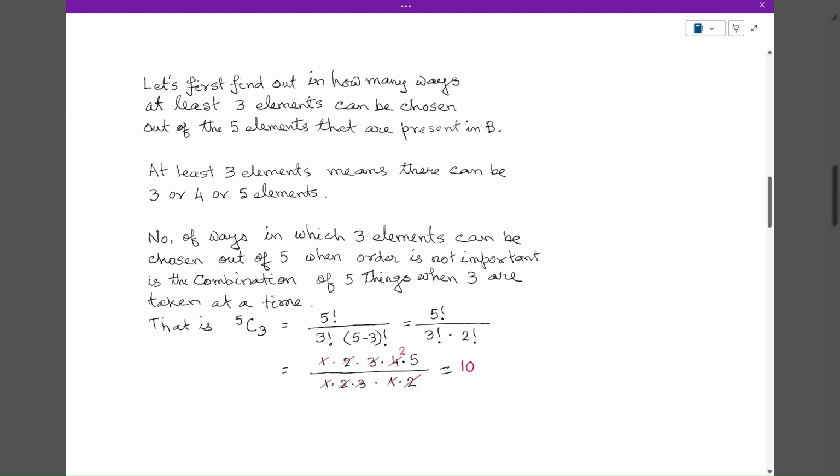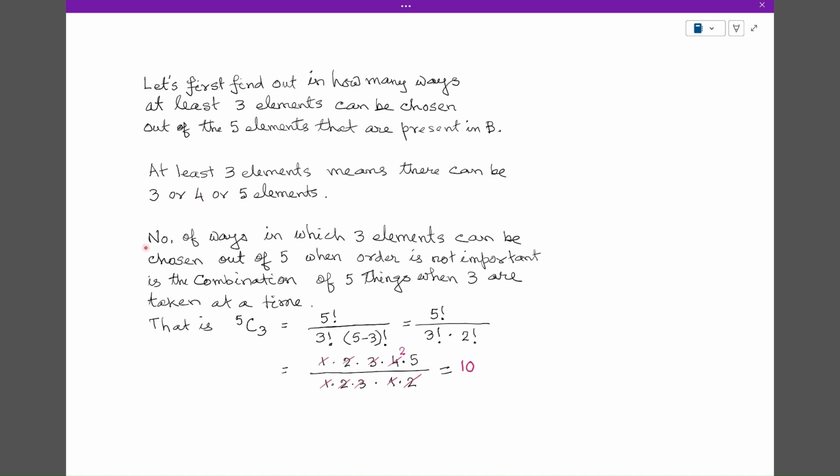Let's first find out in how many ways at least 3 elements can be chosen out of the 5 elements that are present in set B. At least 3 elements means there could be 3 or 4 or 5 elements.